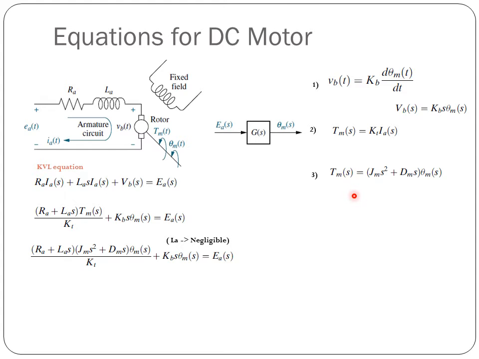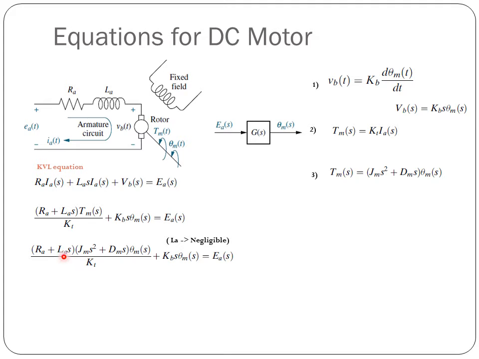Okay, so this is from our previous lecture. In writing a rotational system, we can always write a relation like this: theta m into some impedance is equal to applied torque, etc., right? So we have used it to replace the Tm. So finally what we get is we have the input on the right side and we have the output on the left side.